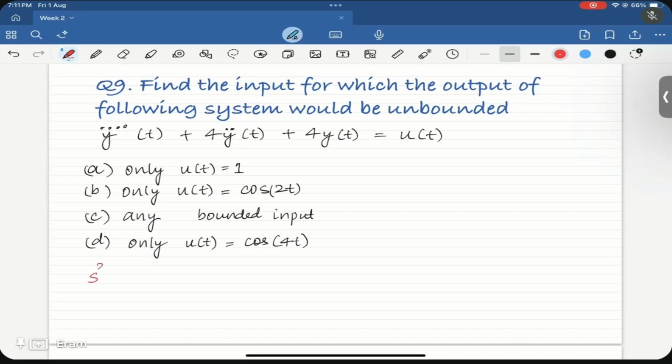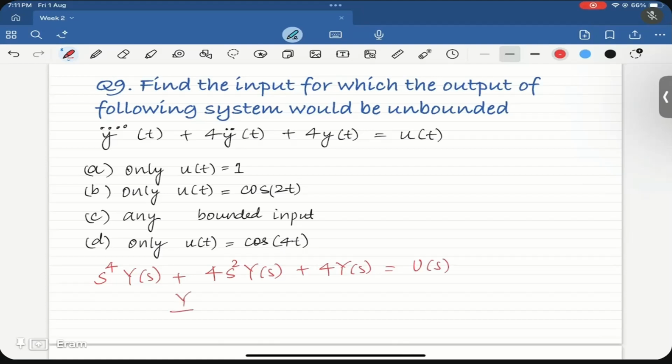So let's start by finding out the transfer function. We need to put all initial conditions to 0, so we can directly write s⁴Y(s) + 4s²Y(s) + 4Y(s) = U(s).